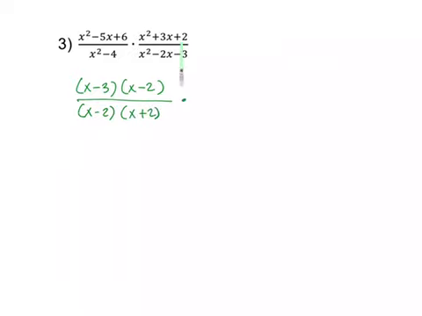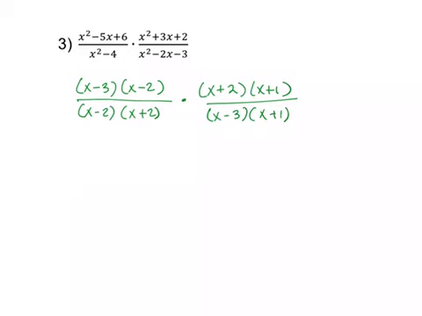Here I can factor that, plus 2, so it's x plus 2, x plus 1 divided by x minus 3, times x plus 1.